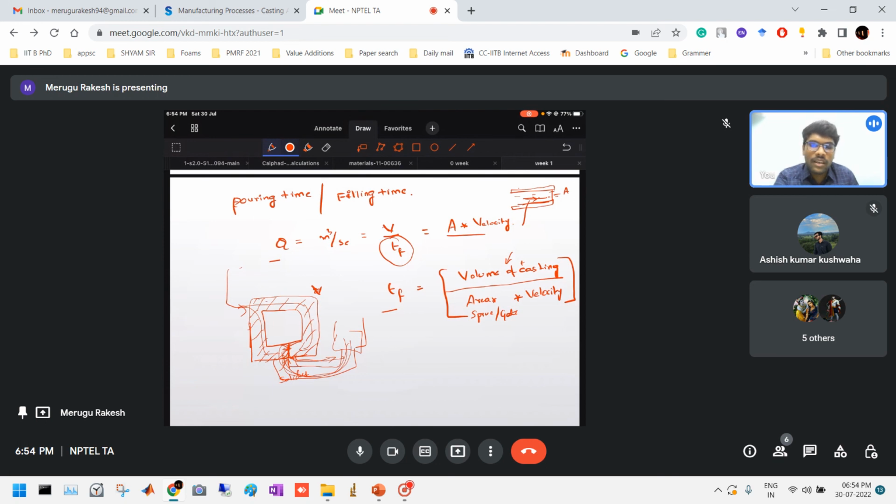So these are the spots that we expect. Before finally designing, we will do some small run, and we can identify the location of this riser, and we can avoid this type of defect. Okay, sir. Thank you.